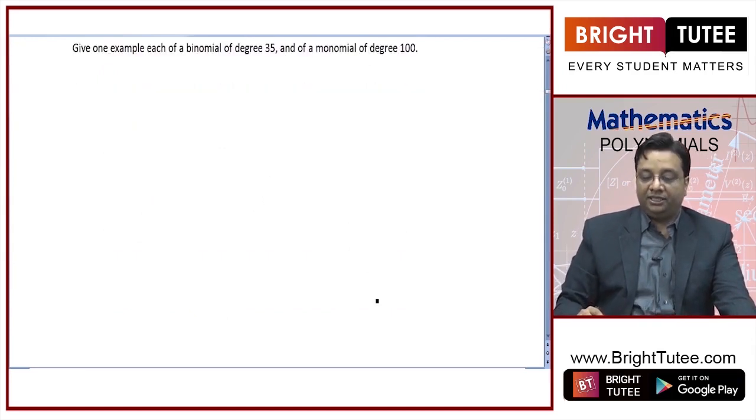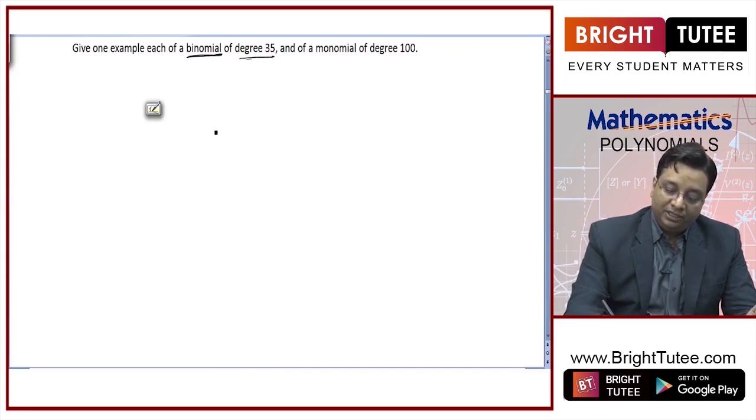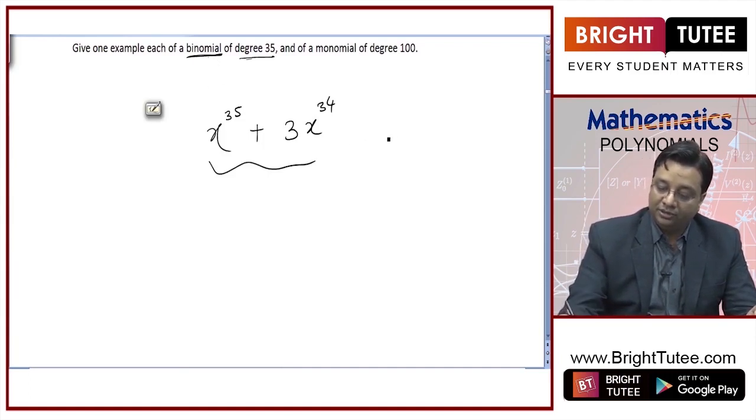Give one example each of a binomial of degree 35. So we need a binomial of degree 35. A binomial of degree 35 can be written as x raised to power 35 plus, let us say, 3x raised to power 34. Why is it a binomial? Because it has got 2 terms.